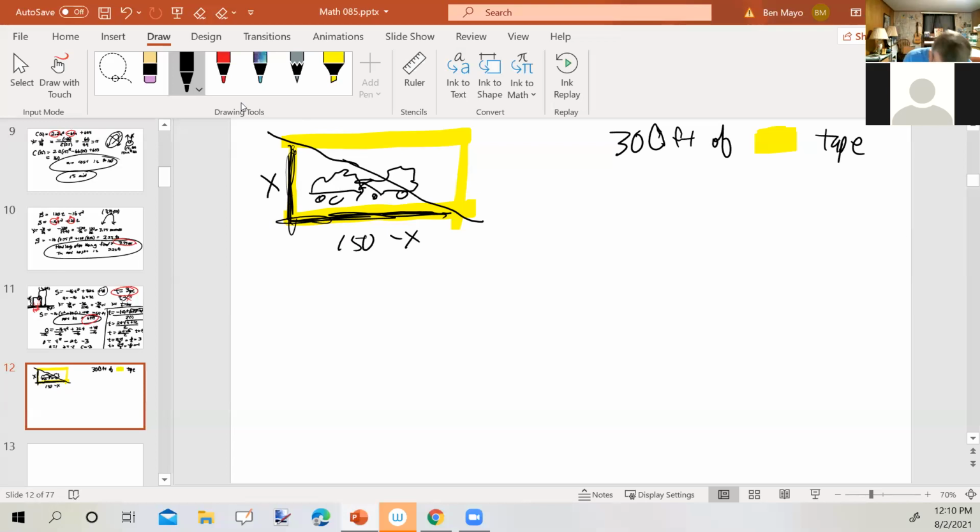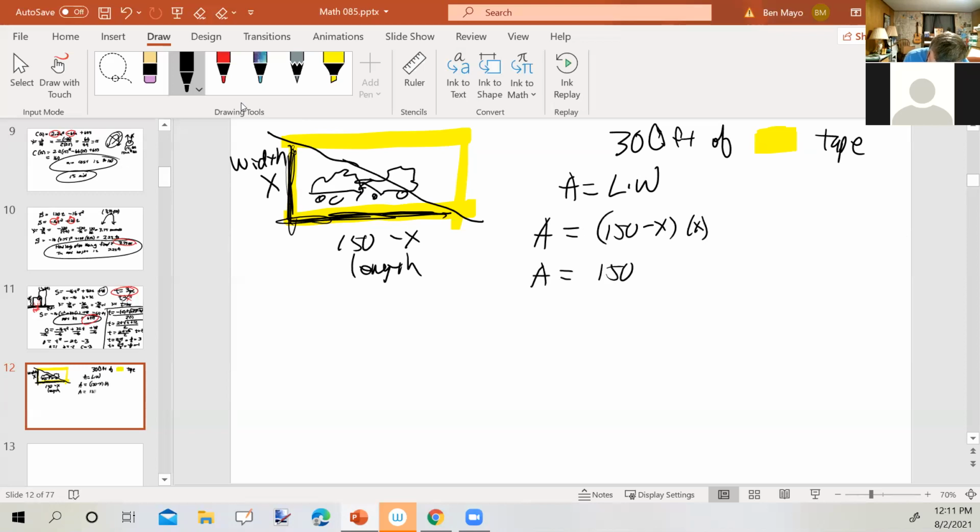Let's call this the length and this the width. All right, how do you find the area of a rectangle? It's the length times the width. So the area of this rectangle is going to be 150 minus X times X. The area is going to be 150X minus X squared.